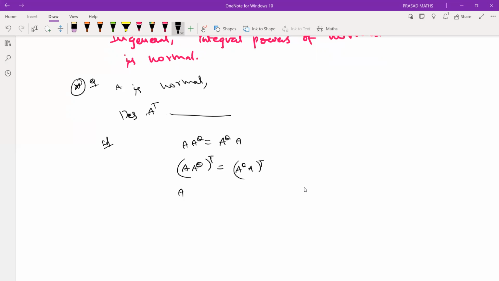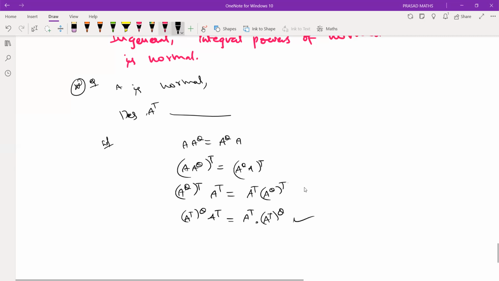By the reverse law for product, transpose of A theta is A transpose whole theta. So we observe that A transpose whole theta into A transpose equals A transpose into A transpose whole theta. Therefore, A transpose is normal.